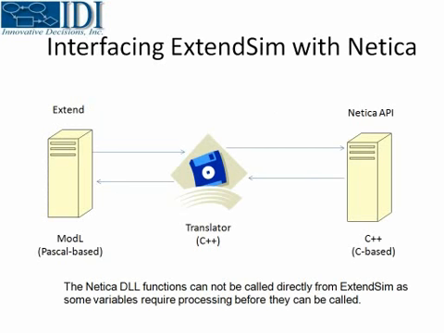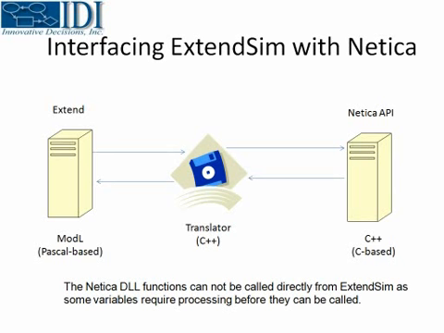Specifically, for interfacing Netica to ExtendSim, what I ended up doing was taking the ExtendSim modeling and simulation software package, and then I had the Netica API call functions. But unfortunately, the Netica API call functions don't let me have access to the raw code. So there are certain intermediate things that I have to do before I call those functions.